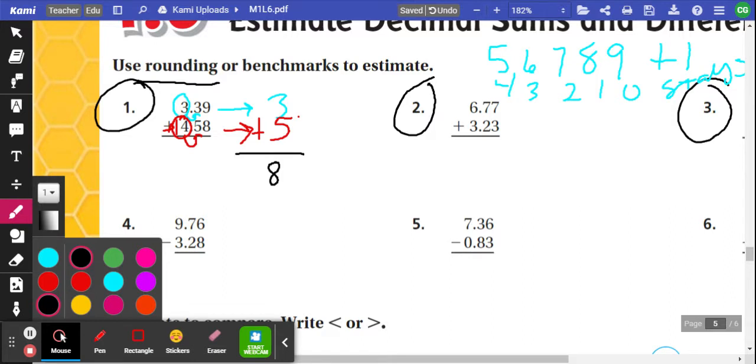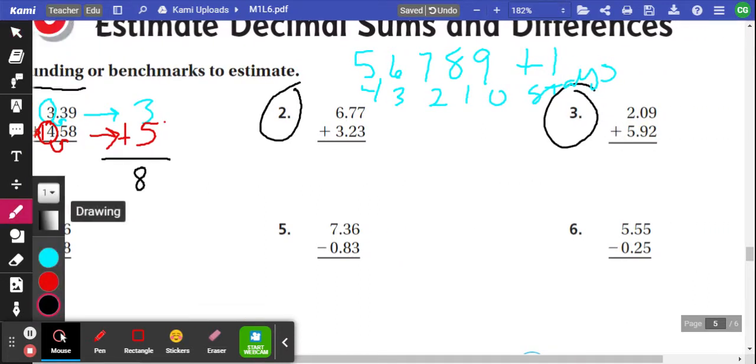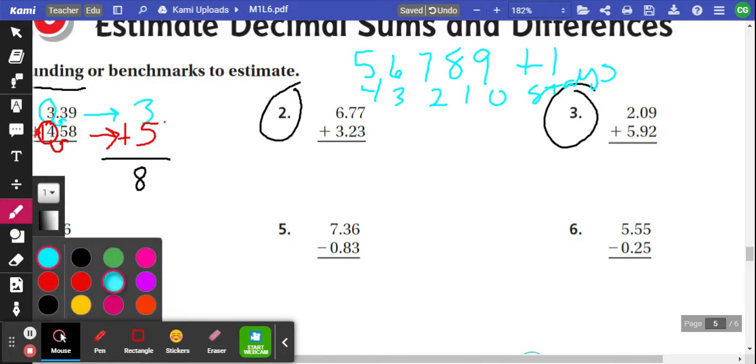Let's go to number 2. With number 2, let me find my pen. We're going to be rounding to the nearest ones place or the nearest whole number. So I'm going to the 6, drawing my arrow to the right. I can see it's 7, so I'm going to add 1 to my 6, and that makes it 7.